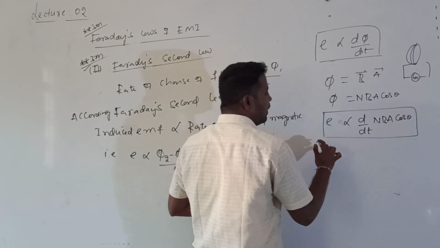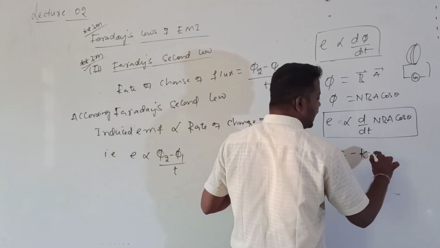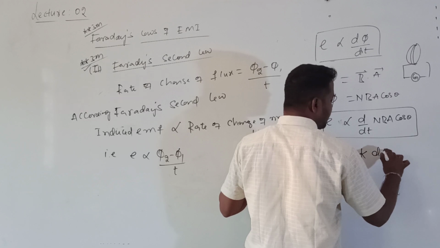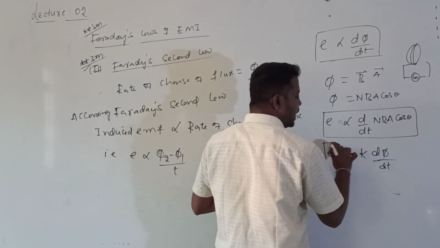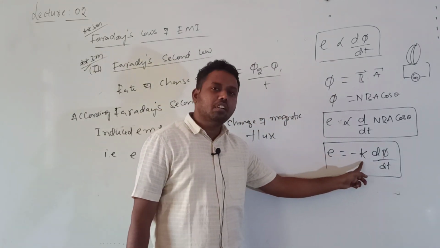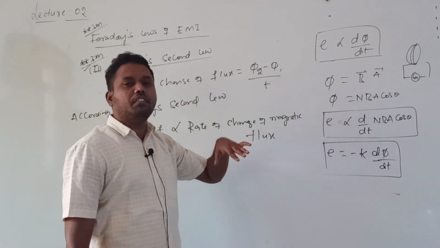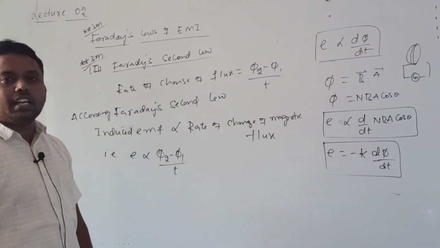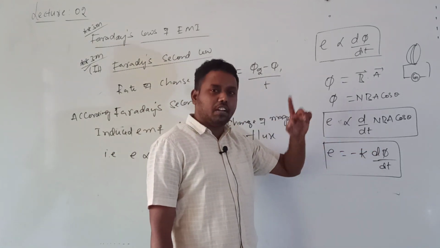Okay? Which can also be written as E equals minus K into d phi by dt, where K is a proportionality constant. This minus sign gives you the direction of the induced EMF. The induced EMF direction will be opposite to the rate of change of magnetic flux.